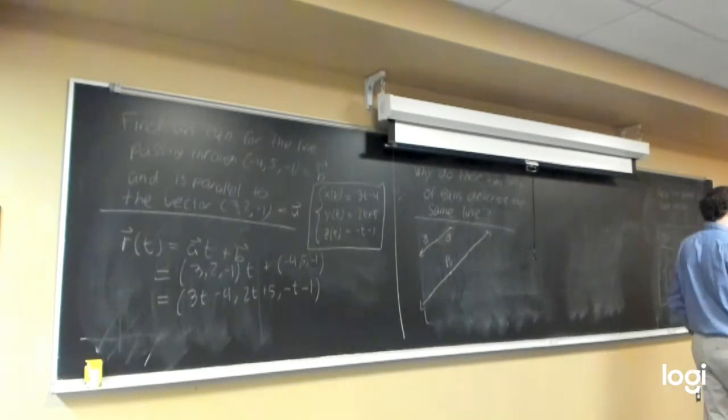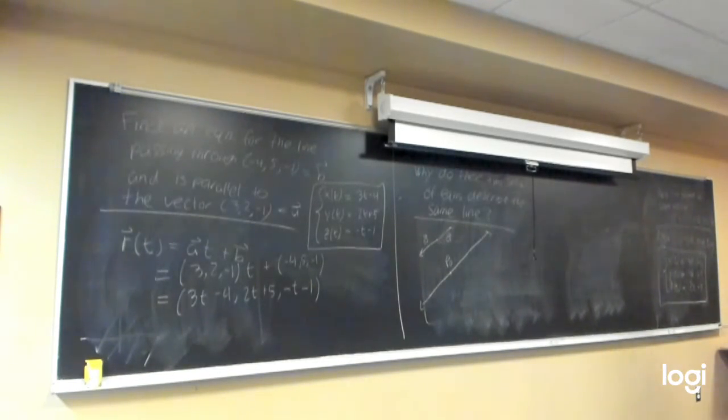Because what might be called the slope of these lines, the vectors, are scalar multiples. Yeah, these are certainly scalar multiples of each other.